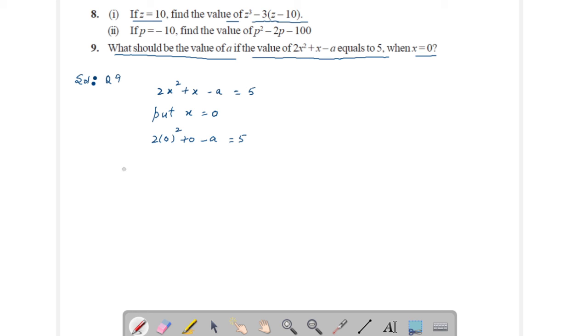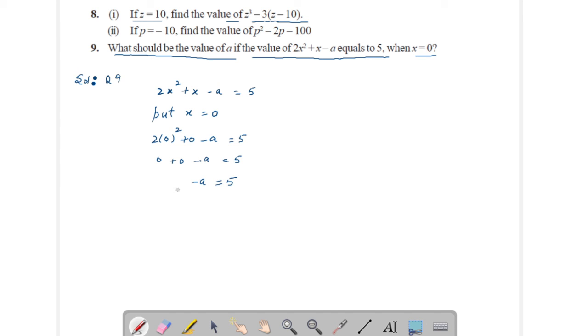The 0 square, it is 0. 0 into 2, it is 0, plus 0 minus a equal to 5, or it is minus a equal to 5.